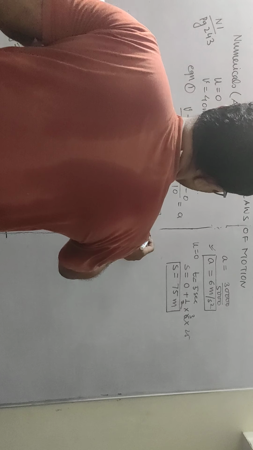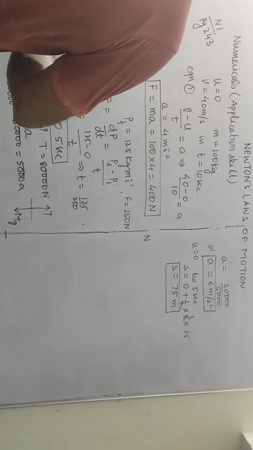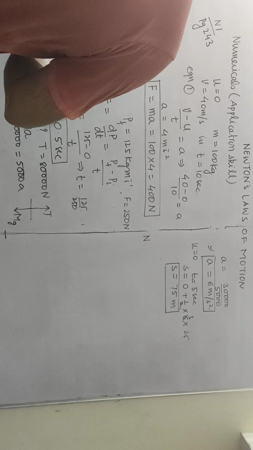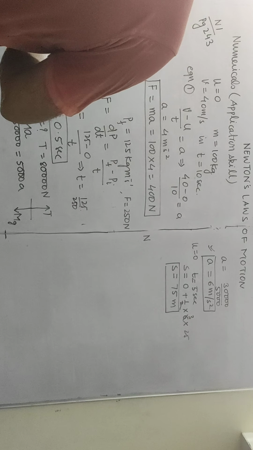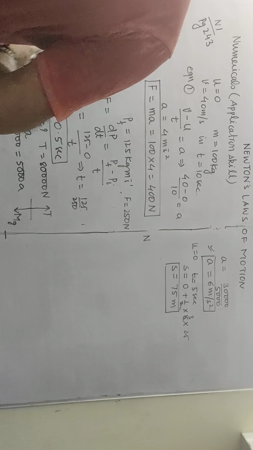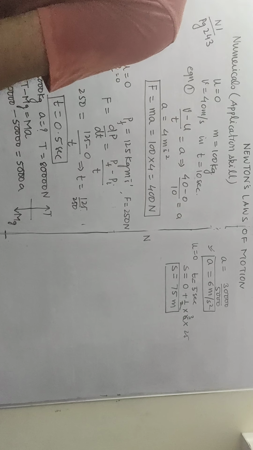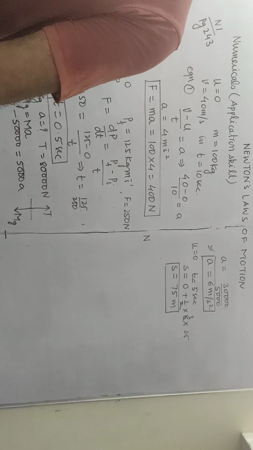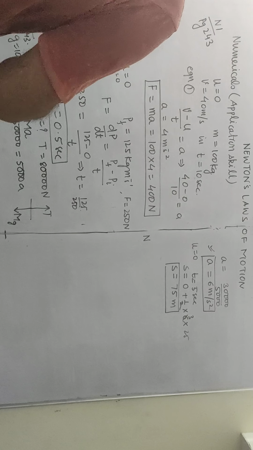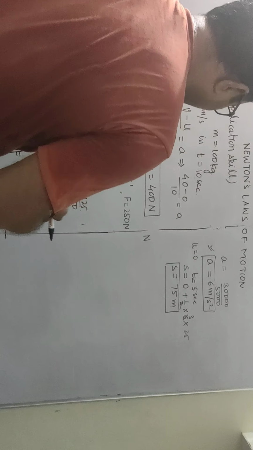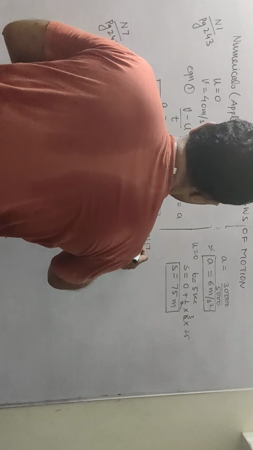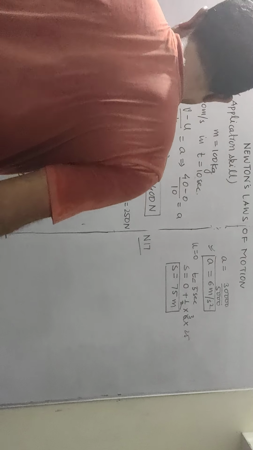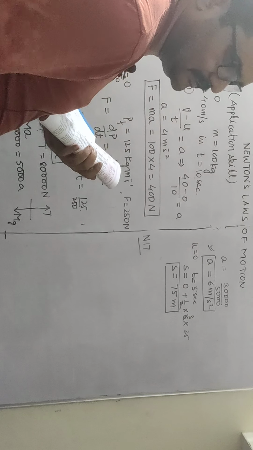Now next is numerical number 17. A bomb at rest explodes into 3 fragments of equal masses.